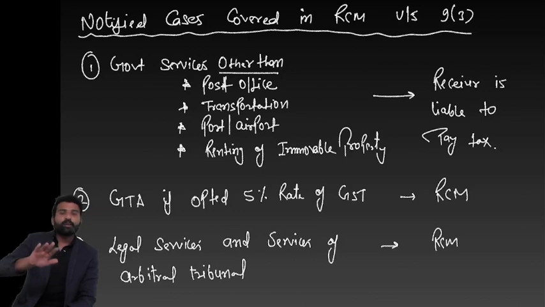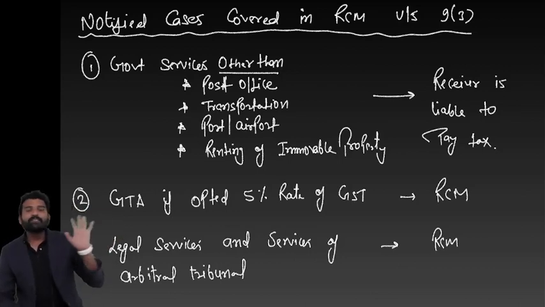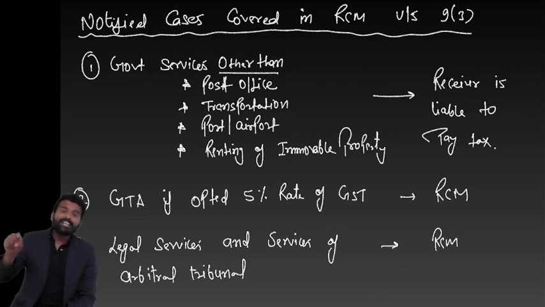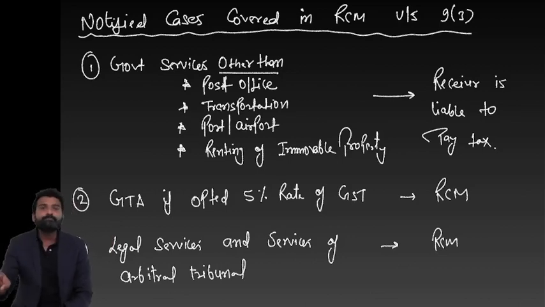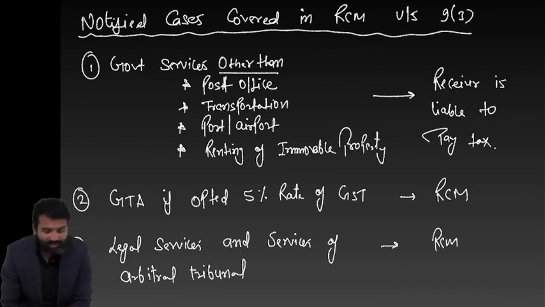Either they can go for a rate of 5% without ITC or 12% with ITC. So if a transport agency opted for 5% without ITC, then they will not pay GST. The GST will be paid by the receiver only. Like if I am transporting some raw material for my factory, then the transporter will not pay GST on that freight. I have to pay the GST on that freight. So GTA is also covered under RCM.